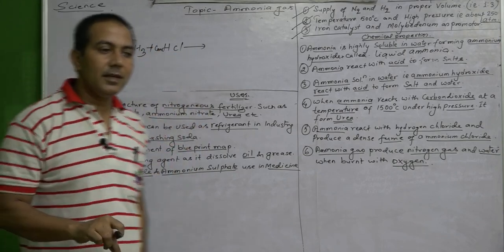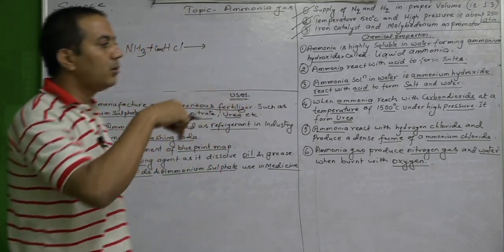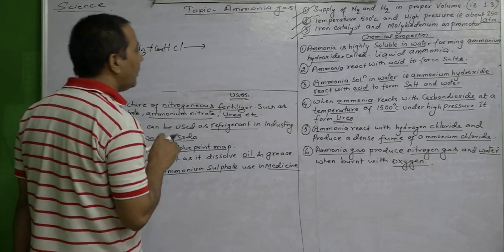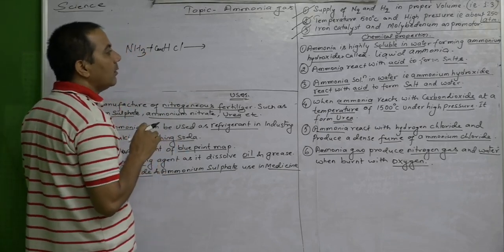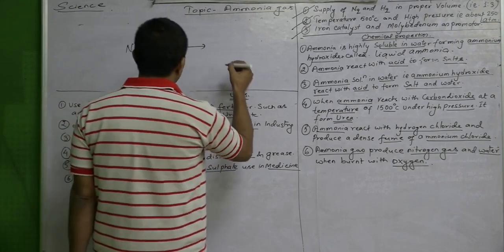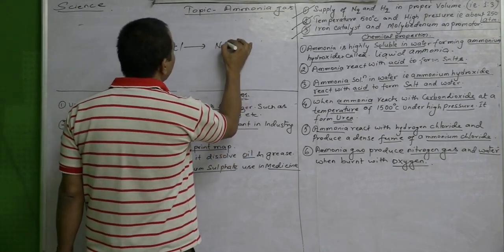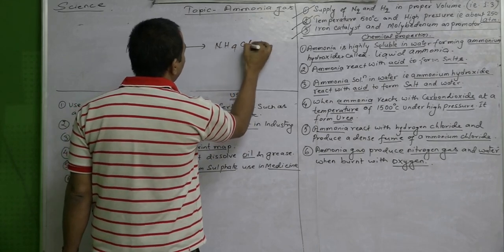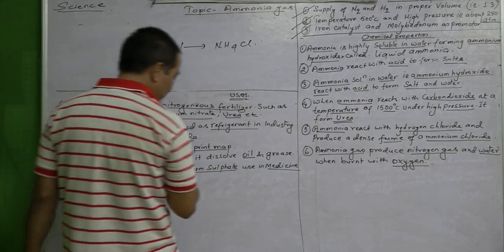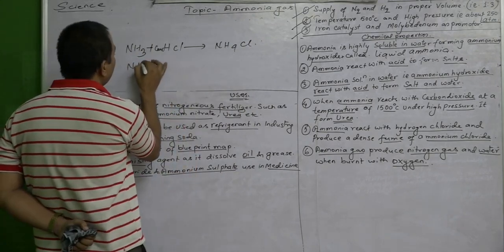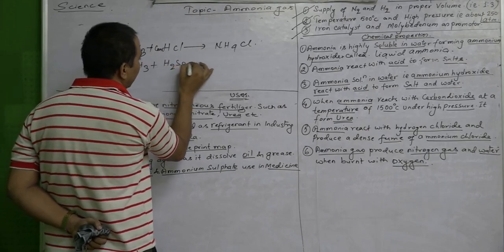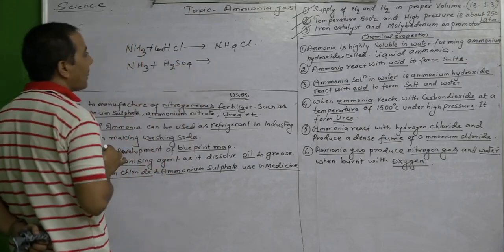A glass rod in HCl and then carrying it to the gas jar of ammonia, and it will form what? It will form ammonium chloride.